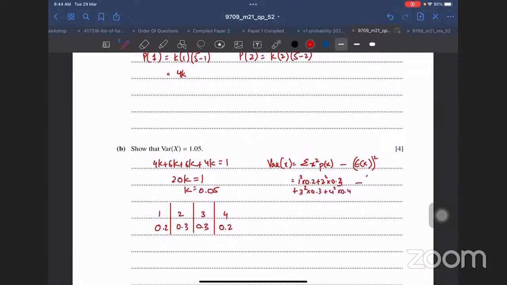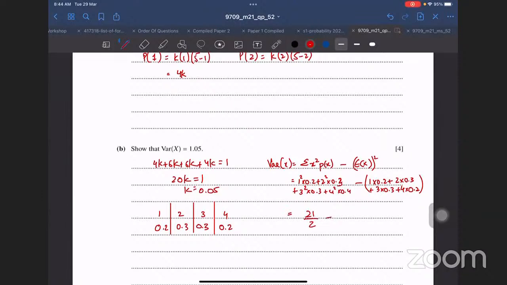For the expectation, again, I'm going to have to do some working since I haven't calculated the expectation before. It's simply the value of x into the probability of x, and then the sum of those numbers. Okay, so 1 into 0.2 plus 4 into 0.3 plus 9 into 0.3 plus 16 into 0.4 minus, let's write that, that's 21 over 2.